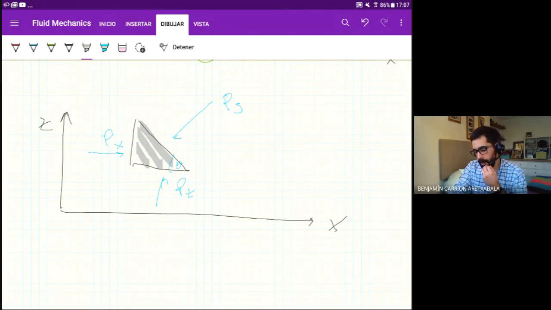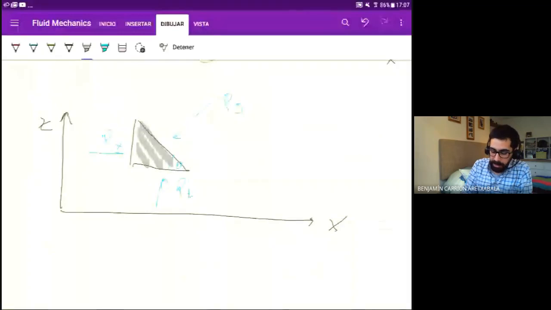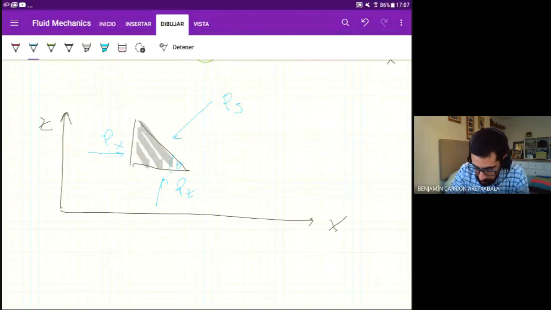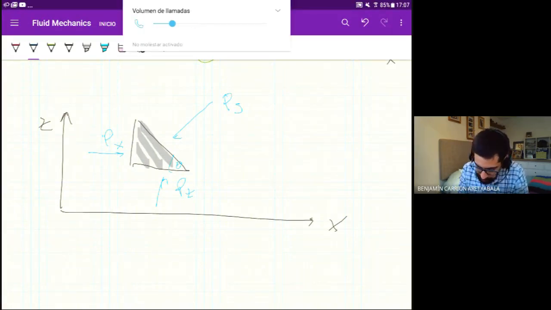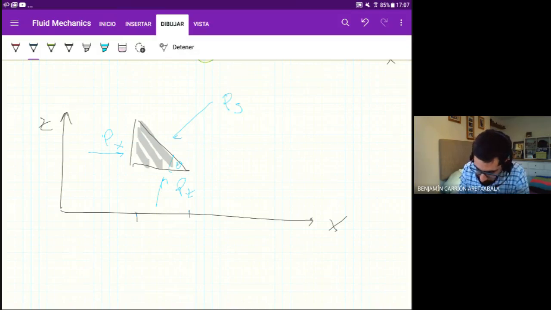What we want to determine is how these three pressures compare to each other. And for that, we need to look at the geometry of this wedge. Let's assume this wedge is small enough, like really small. So this part here we're going to call dx, could be delta x, and this part here is going to be dz.